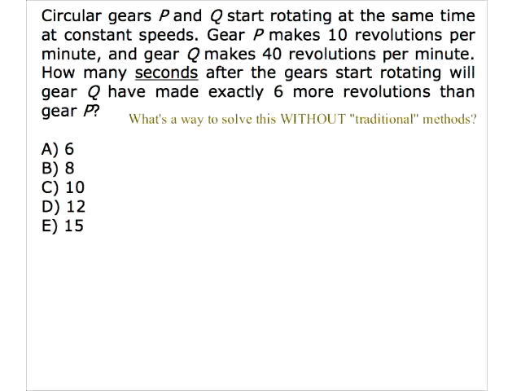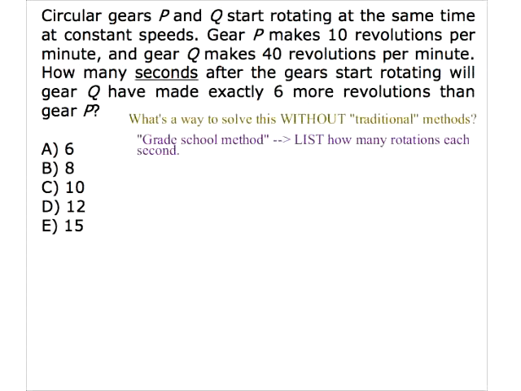But one way to do it is the so-called grade school method, which, back before you had any idea what algebra was or anything like that, you could just make a list. So if somebody walked 5 miles per hour, you could go 5, 10, 15, 20 every hour. So just list how many rotations each second.